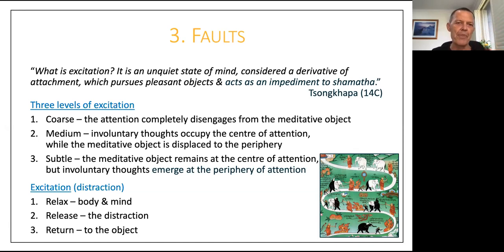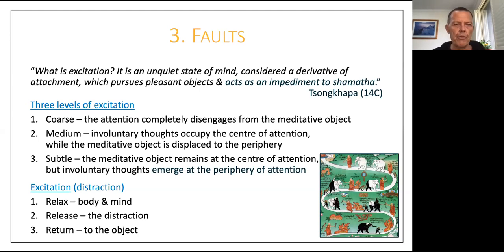Initially, at the beginning stage, we're dealing with coarse excitation, where we're completely distracted all the time. But as we'll see in these first 4 stages, we start to get to the point where we don't really lose the object even though the mind is starting to get pulled away. That's a more medium level. And eventually at the higher levels of this path, we'll get rid of even this background noise that's often there.